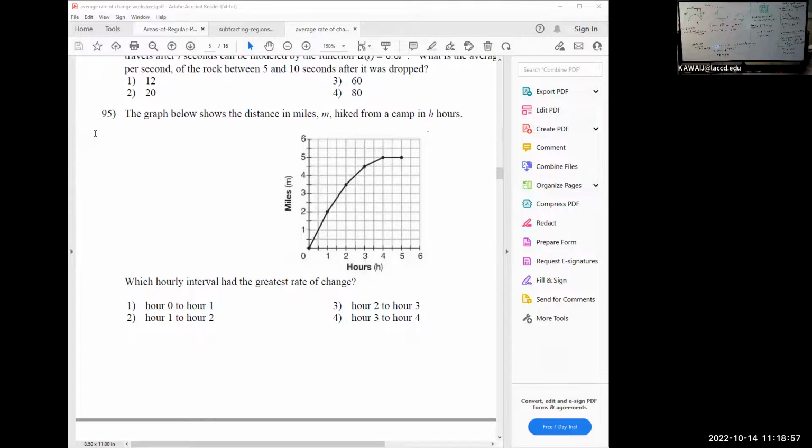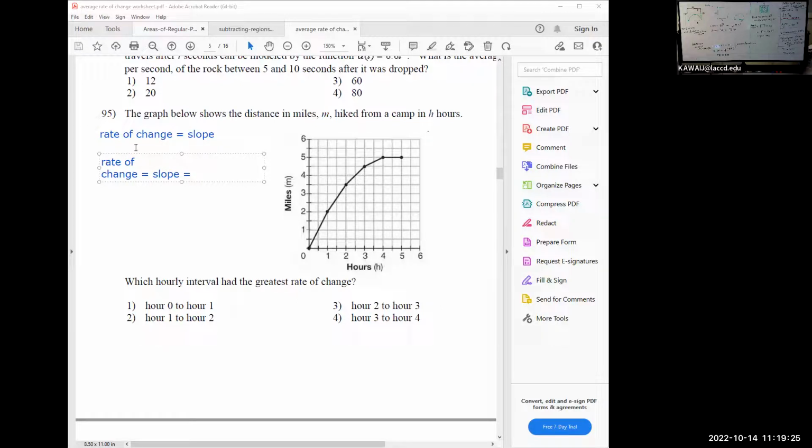Okay. Now, when we look at this, I just want you to know that rate of change is the same thing as slope. So all the things that went along with slope apply: rate of change is equal to slope.